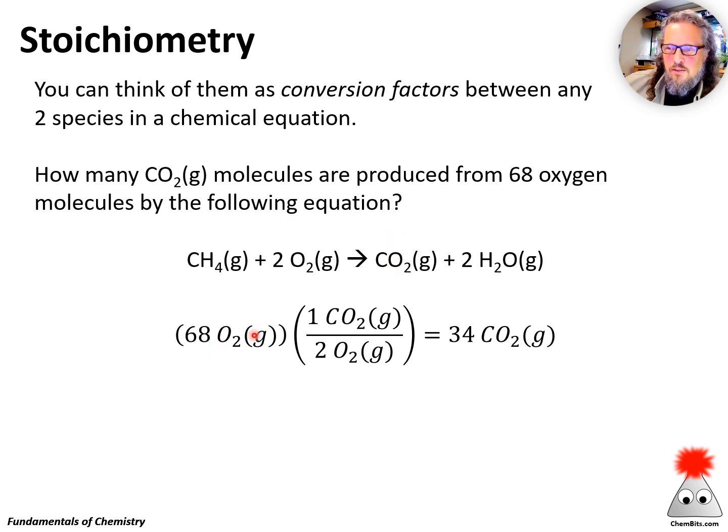If I want to cancel my oxygens and get carbon dioxide, I'm going to put it as one carbon dioxide over two oxygens. And if I do that, I will cancel those units out, and I'll be left with number of carbon dioxide molecules. So 68 divided by 2 is 34 carbon dioxide molecules.